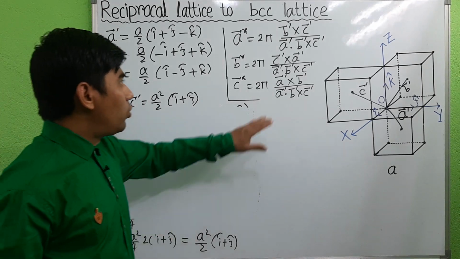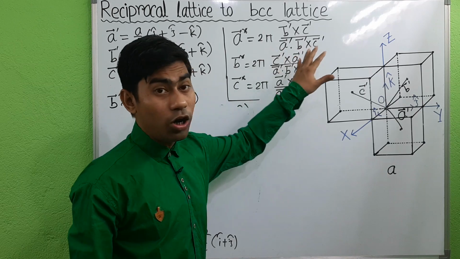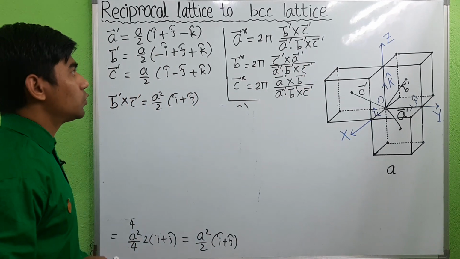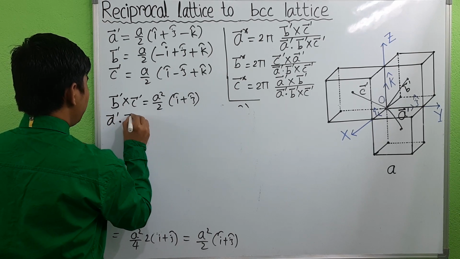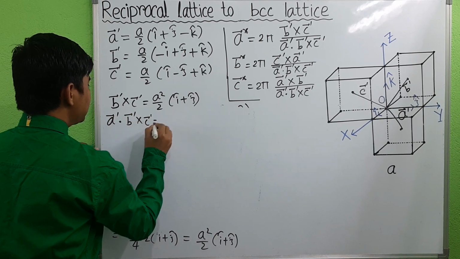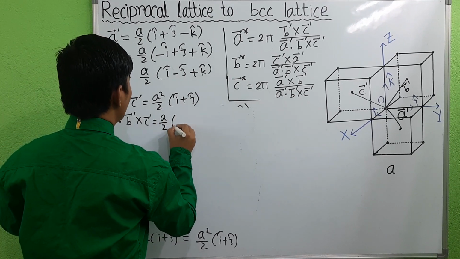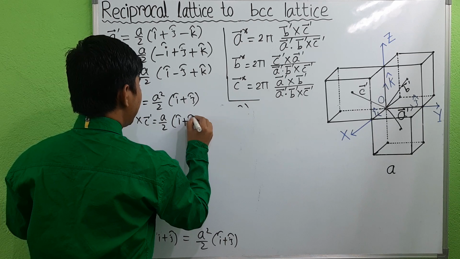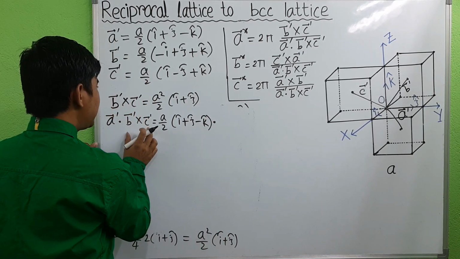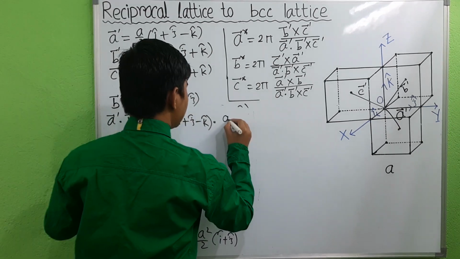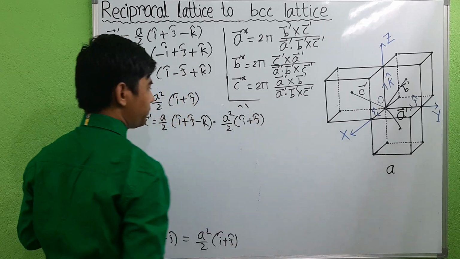Now we calculate a dash dot b dash cross c dash, that is, the volume term. The value of a dash is a by 2 (i cap plus j cap minus k cap), dotted with b dash cross c dash, which is a square by 2 (i cap plus j cap).